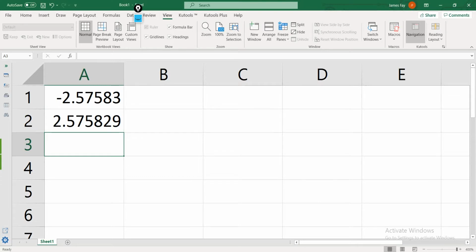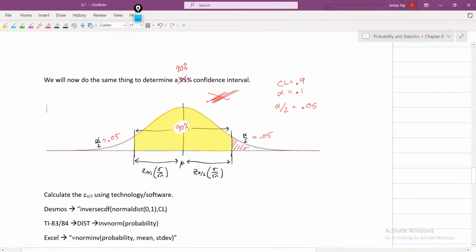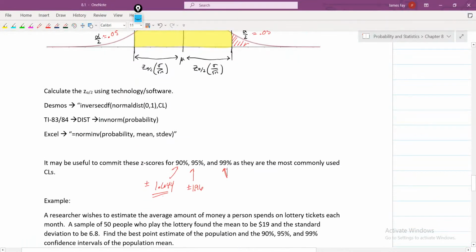So they usually round this one up to 2.58. So a z sub alpha over 2 for 99% we say is plus or minus 2.58. Those are three things that you might want to commit to memory.